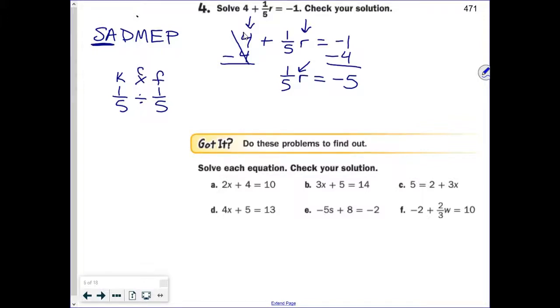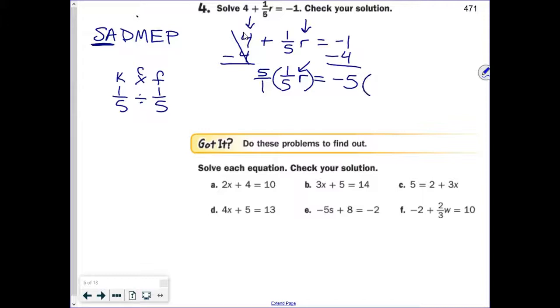So we keep, change, flip. So I'm going to keep the 1/5 that's with the r. I'm not going to divide. Instead, I'm going to change to multiplication, and I'm going to end up multiplying by 5/1.